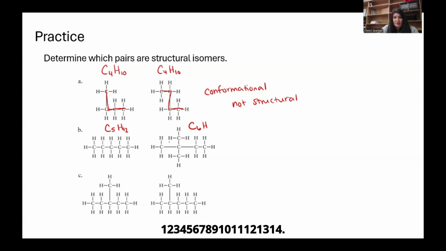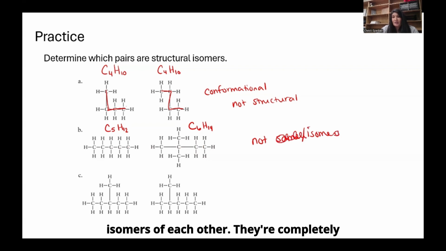H: 1 through 14. They don't have the same molecular formula, so they're not isomers of each other. They're completely different.